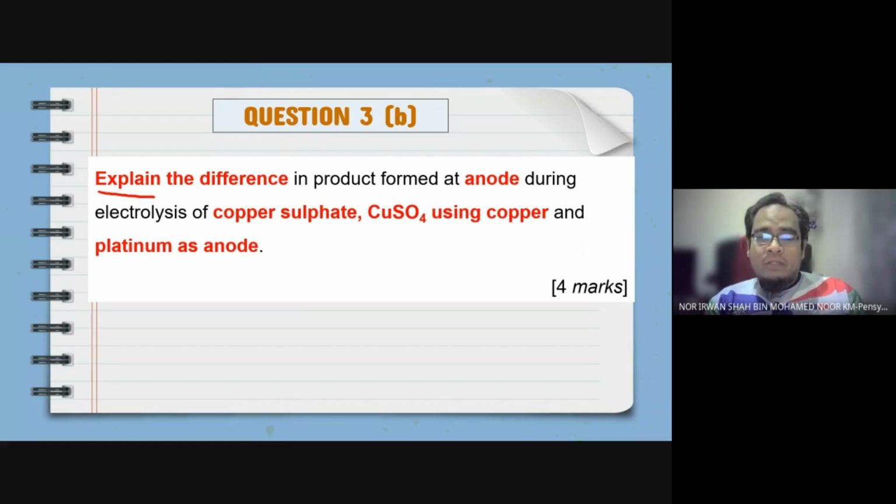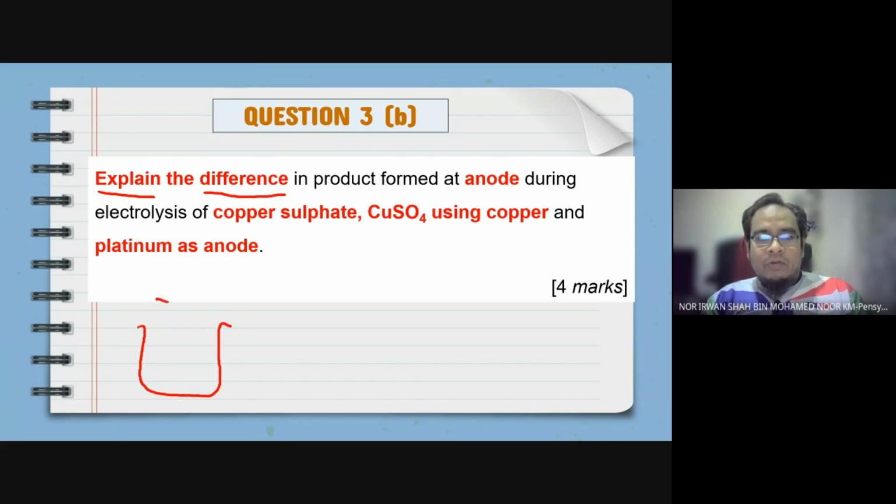So dalam this question 3B, dia minta you all explain the difference. Apa the difference? Perbezaan. So jadi meaning that kita akan buat comparison lah. Soalan ini apa kita buat? Kita buat electrolysis of copper sulfate. Okay, tak apa. Saya lukiskan juga kat bawah ni. So dalam electrolytic cell, nampak tak guys? Kita ada beaker.